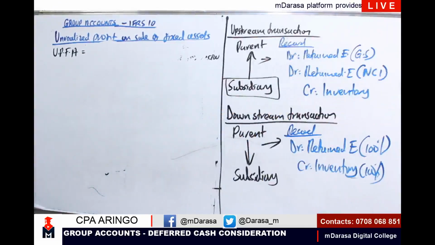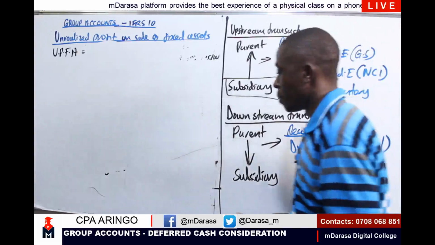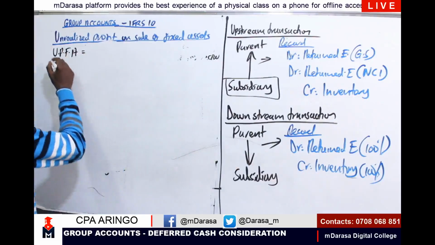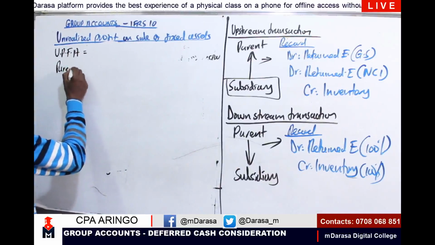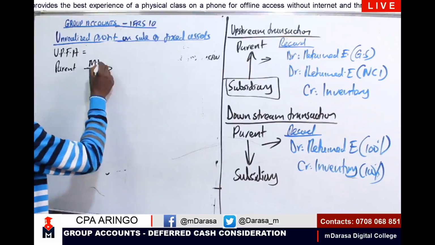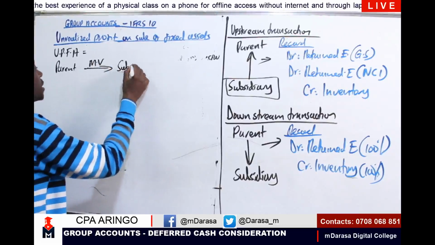Basically, this will arise when a group member transfers an item of fixed asset to another group member and recognizes a profit on such a transfer. Say, for example, I have a parent selling a motor vehicle to our subsidiary.